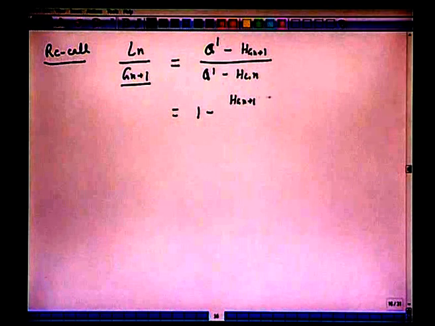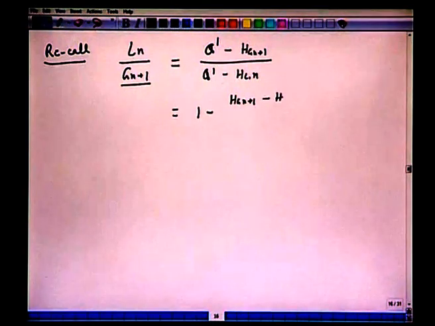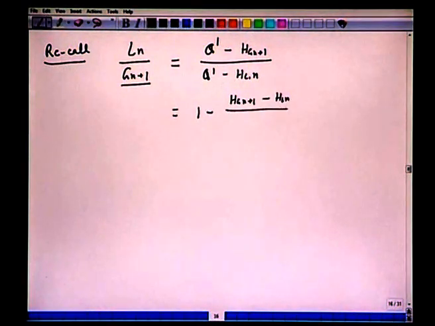All right, which we can also write as 1 minus HGn plus 1 minus HLn over Q prime minus HLn.